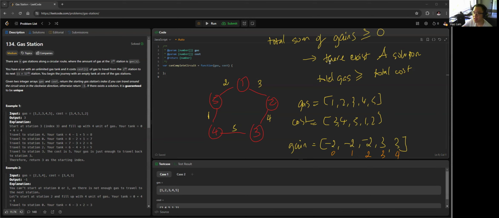So we can start at the index of the maximum subarray. We can see that the maximum subarray is this one, so we should start at 3. It is intuitive because we should always start where we would have the maximum amount of gas.